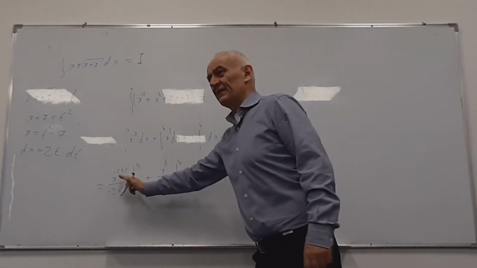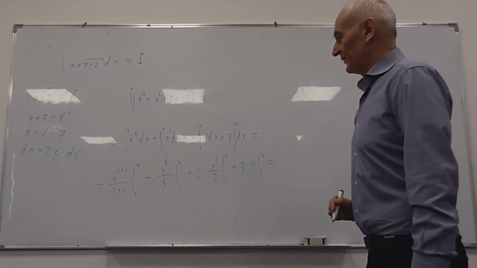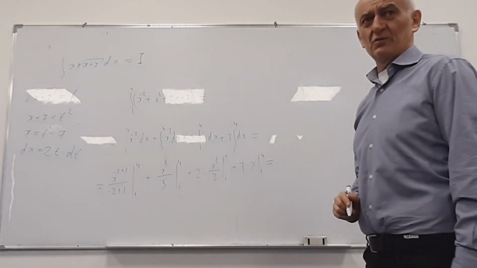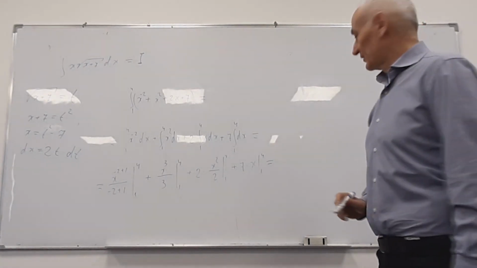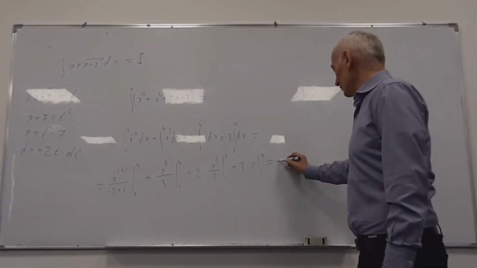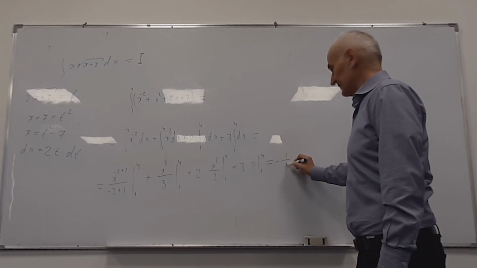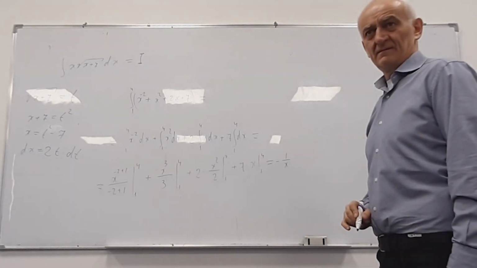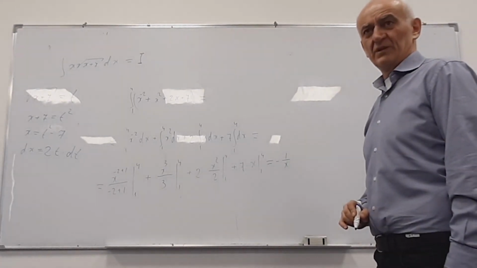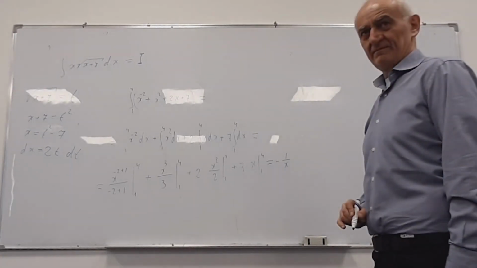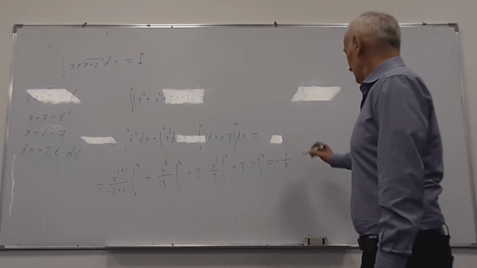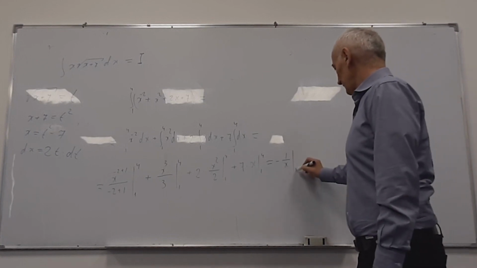Okay, what we have here? Here we have x to power minus 1 divided by minus 1. So it's going to be minus 1 over x. Do you agree? And from 1 to 4.